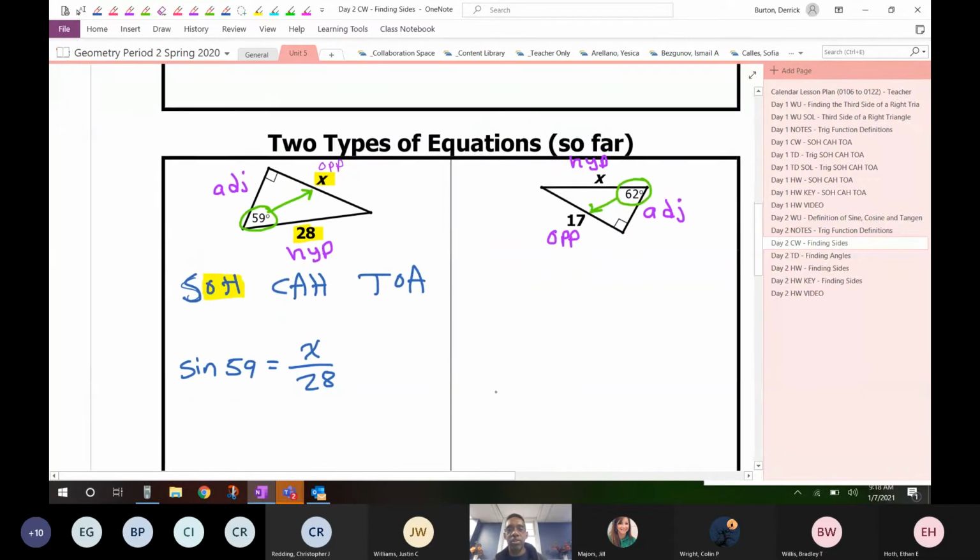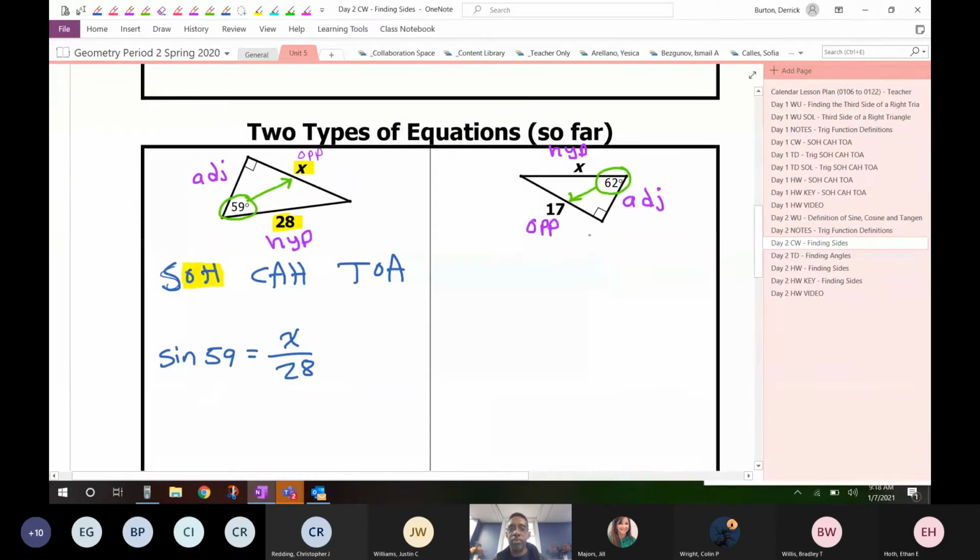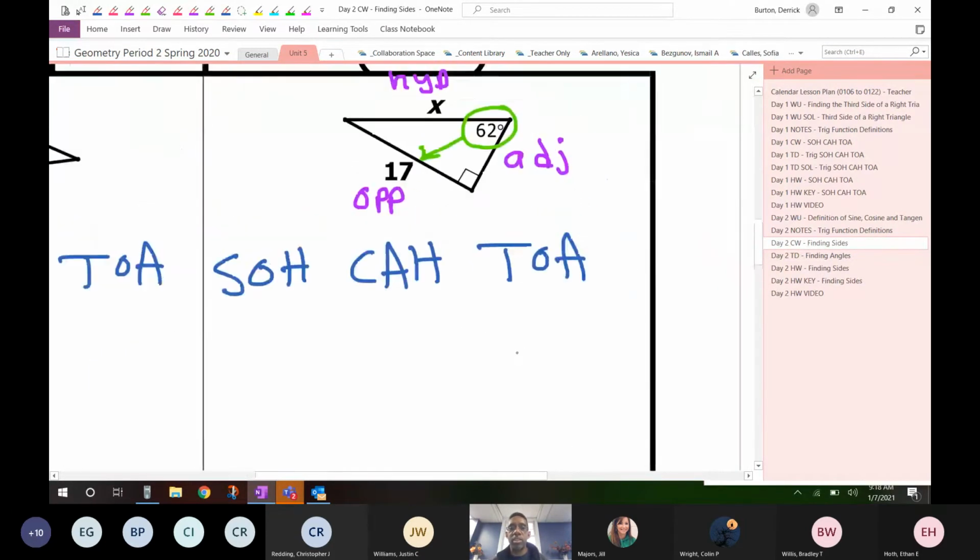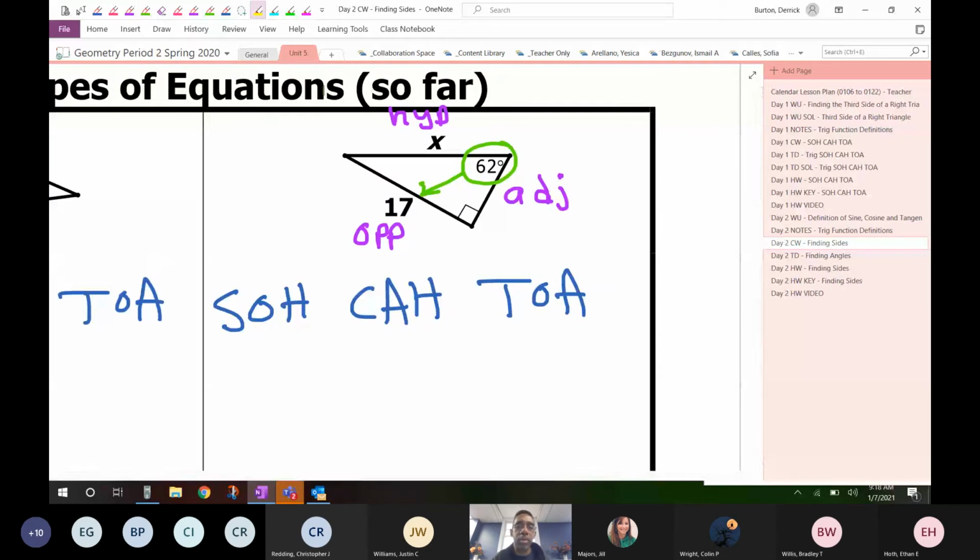Now compare that to the next problem. I'm going to go ahead and write Sohcahtoa again. But when you look at this problem, we have the 17 and the x. That's opposite and hypotenuse again.